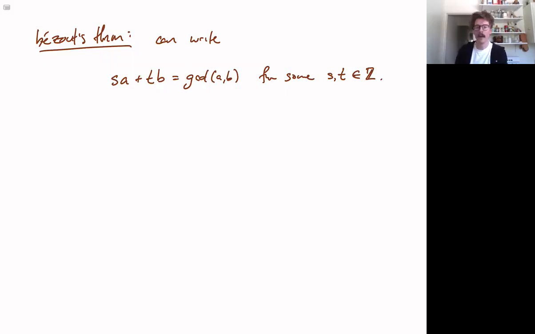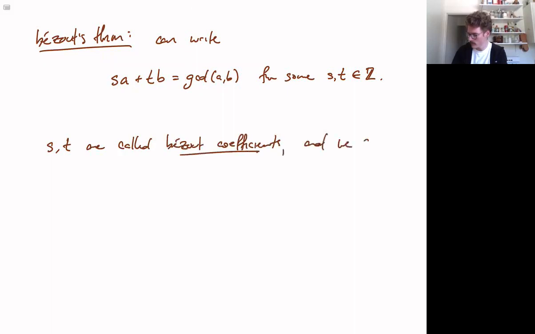So now let's talk about how we can do this explicitly. So s and t in this expression are called Bézout coefficients. And we can compute them.